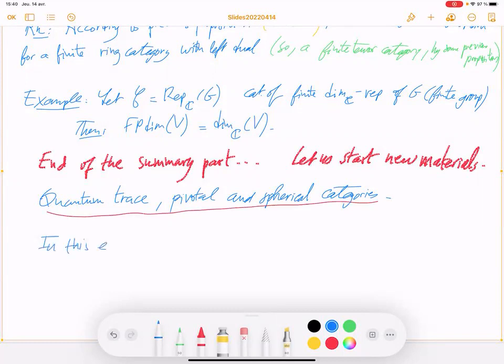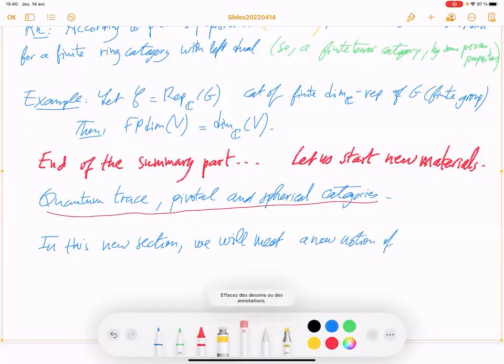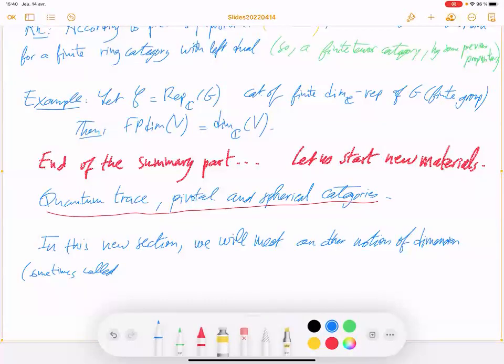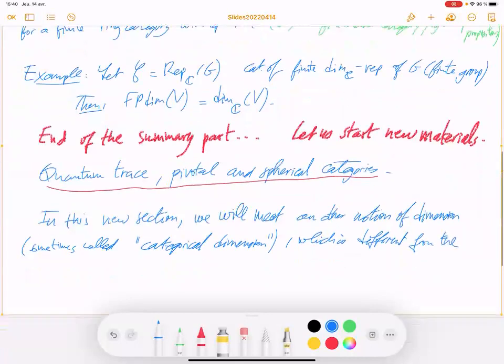So in this new section, we will meet another notion of dimension, sometimes called categorical dimension, which is different from the Frobenius-Perron dimension in general.